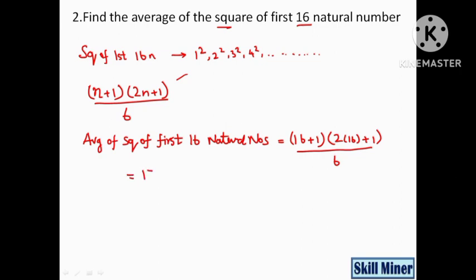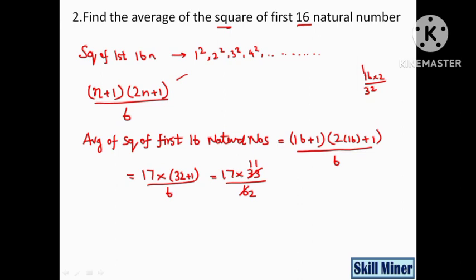16 plus 1 will be 17 into 16 twos are 32, 32 plus 1 divided by 6. 17 into 33 divided by 6. In third table, 33 will come 11 times, 6 will come 2 times.